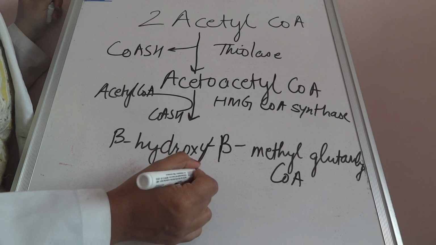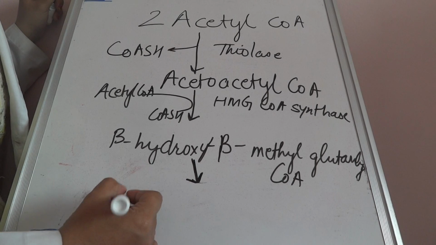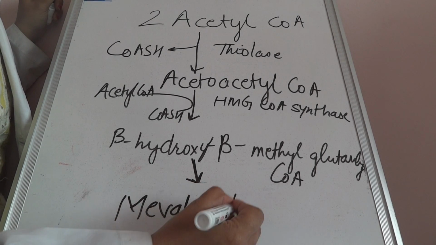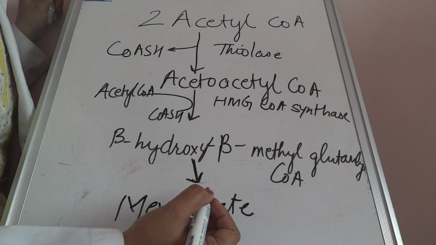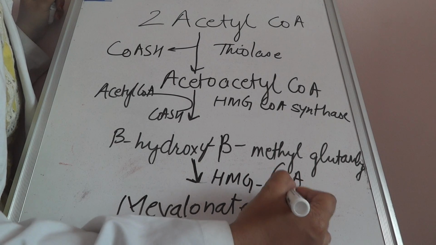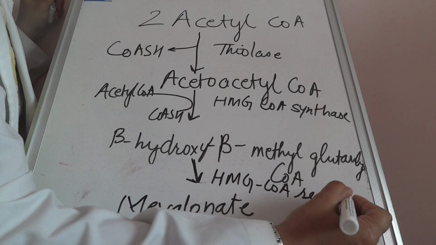Now again we wanted to form mevalonate. So the last step is formation of mevalonate. Now how is this mevalonate formed? This mevalonate is formed in the presence of HMG-CoA reductase.